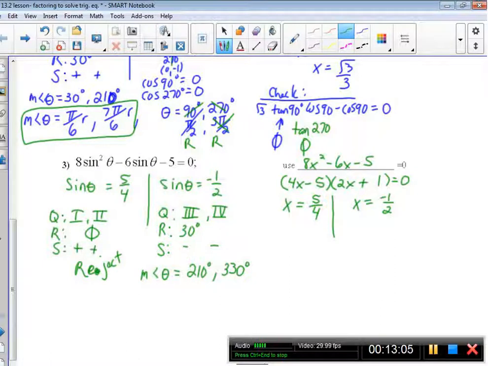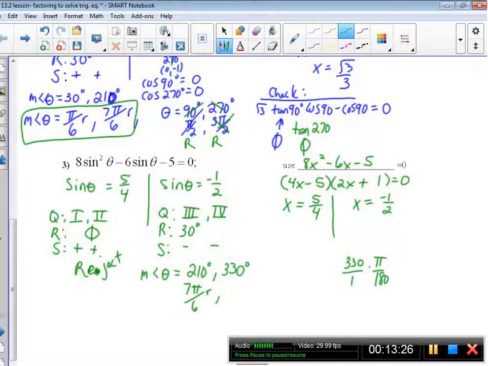I just need to put them in radians. If I look at the previous problem, 210 was 7 pi over 6 radians. And then 330, I have to do 330 times pi over 180.